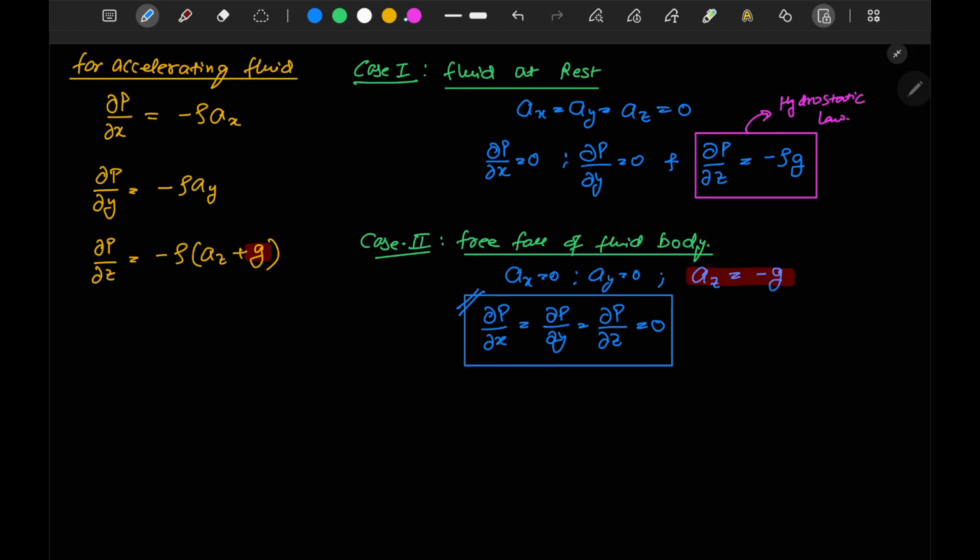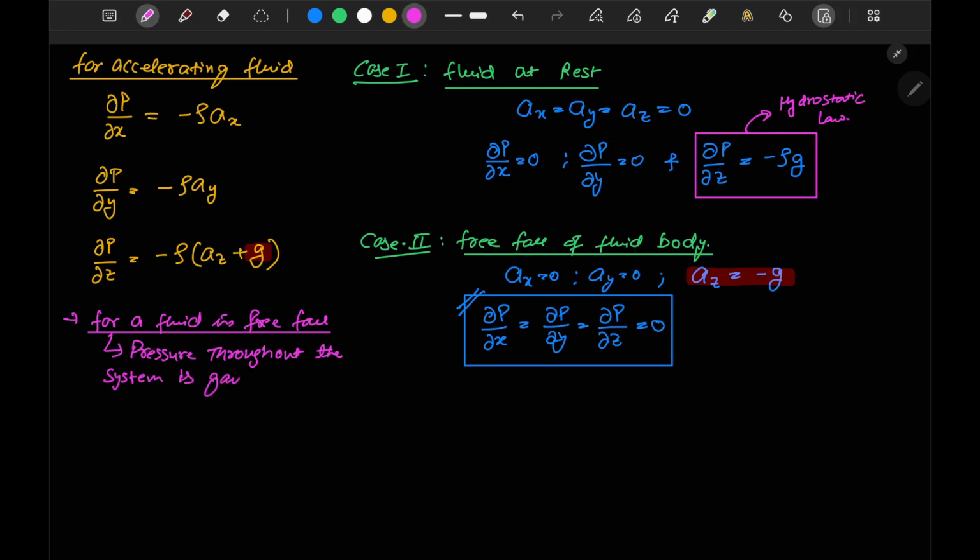From here we can say, for a fluid in free fall, the pressure throughout the system is gauge.